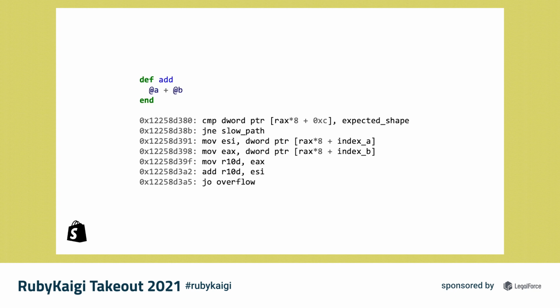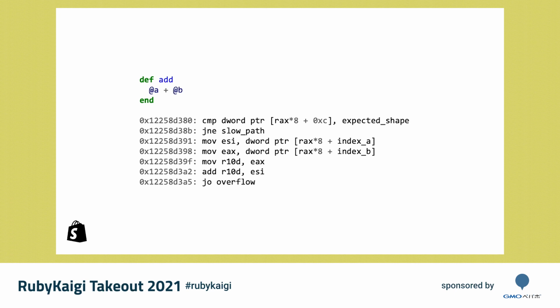We can see this working for real in TruffleRuby. This add routine is in an object where the two instance variables are always small integers. When I say small integer, I mean what we used to call a fixnum historically, but that's now an implementation detail of Ruby.